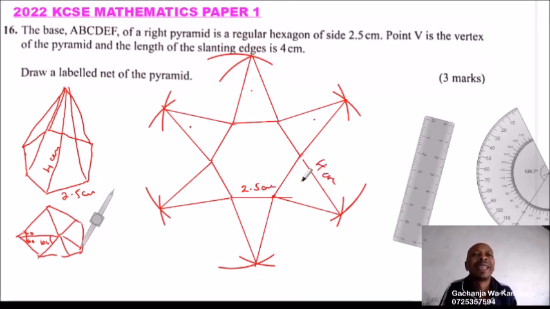So that's the net of the solid or the pyramid that is given. Anyway, this is a guideline on how you go about it. Using your geometrical instruments, you should get a good net. So that's how you do it.